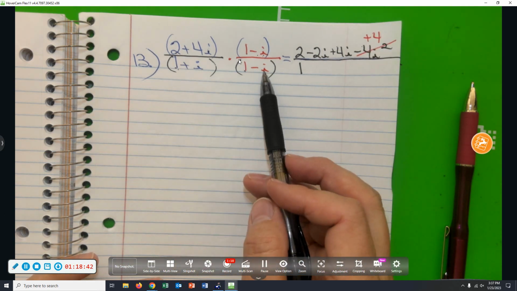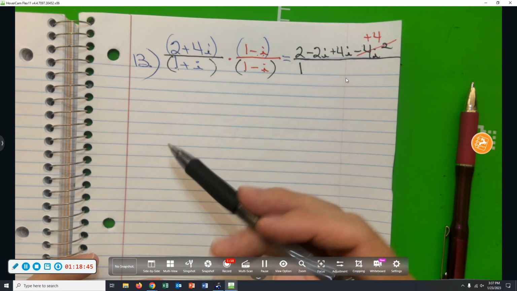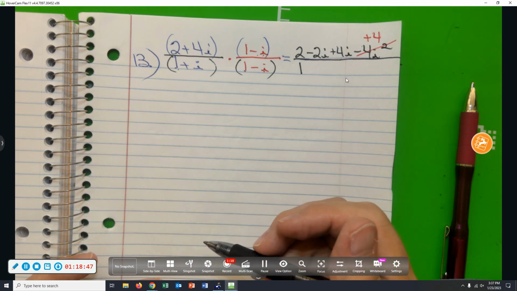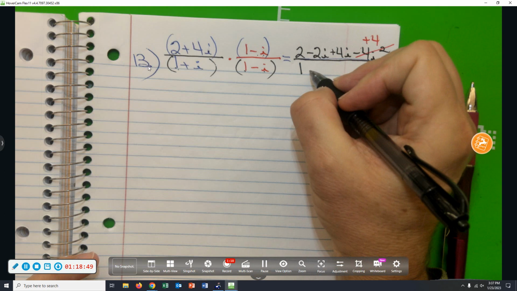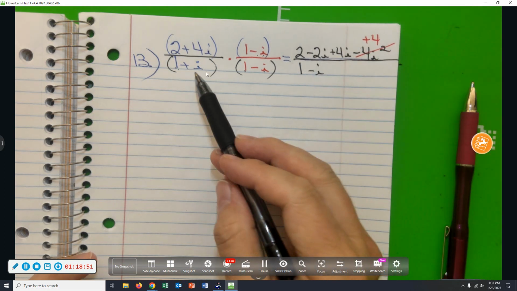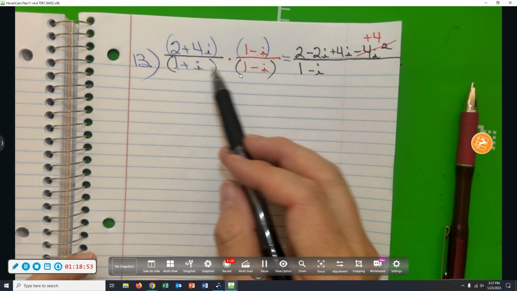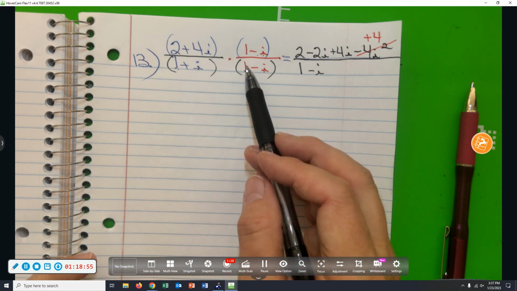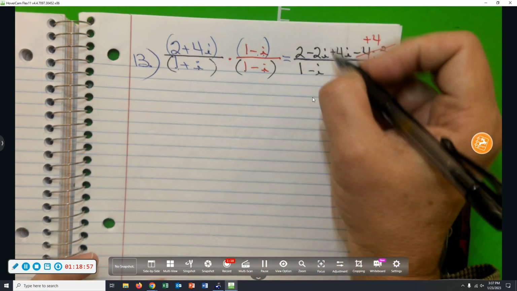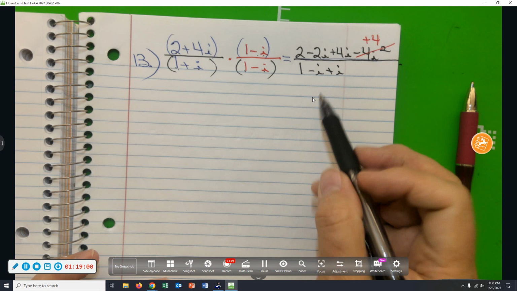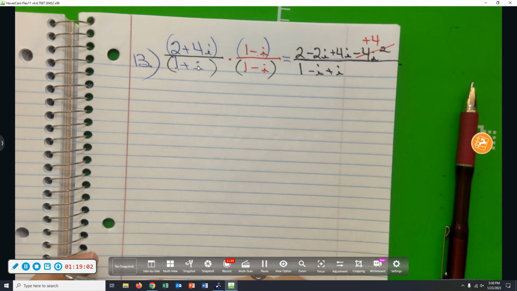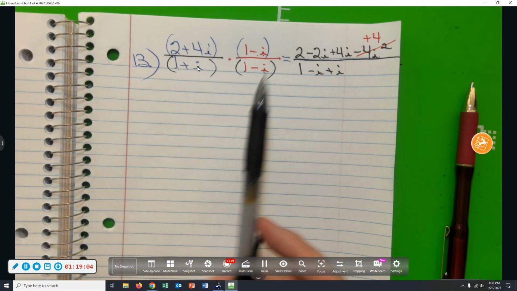Outer, 1 times a negative i, negative 1i. Inner, positive i times a positive 1. That's a positive 1i. The i's are subtracting out exactly the way we said that they should.